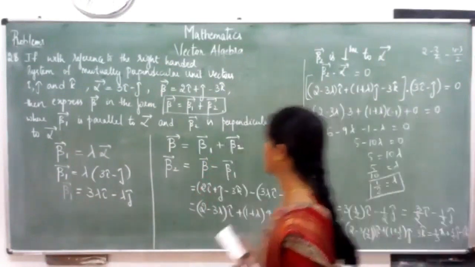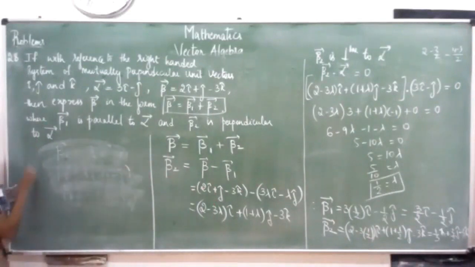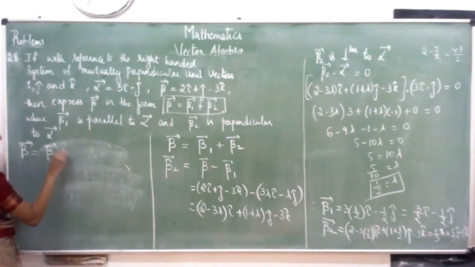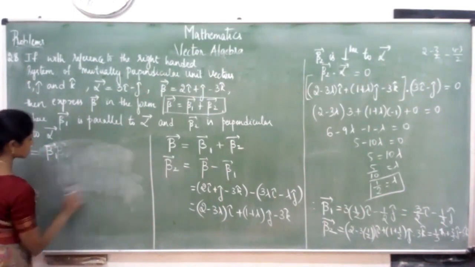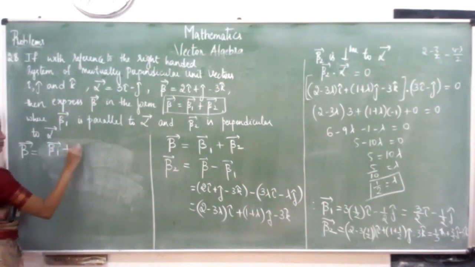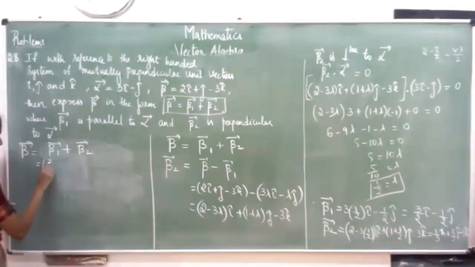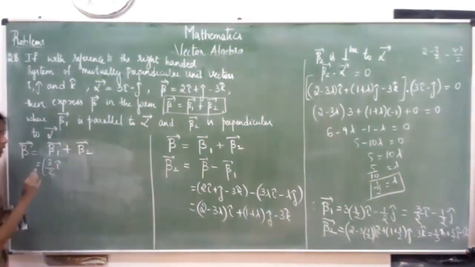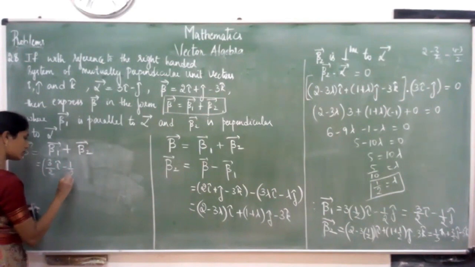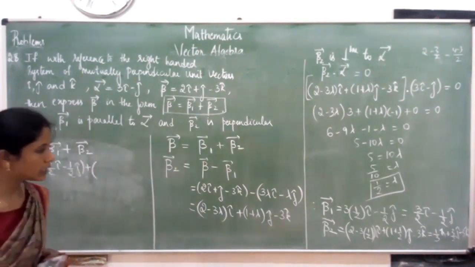We need to find what? We need to find beta. So here vector beta is vector beta 1 plus vector beta 2. So vector beta 1 is given by 3 by 2 i cap minus 1 by 2 j cap, plus vector beta 2.